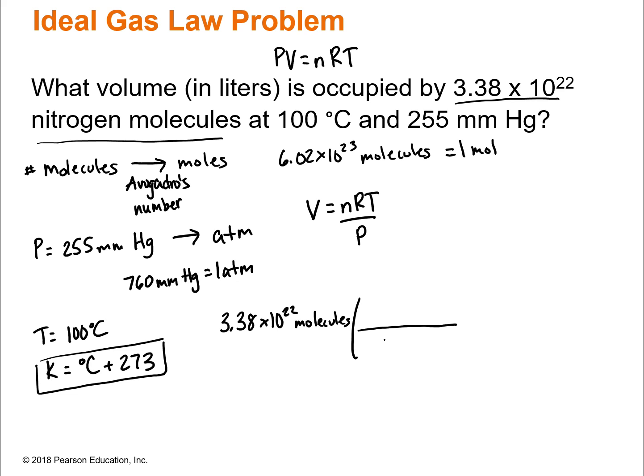Are we going to put Avogadro's number on the top or the bottom of the unit factor? We're going to put it on the bottom. When you do that math, you should get a fairly small number.